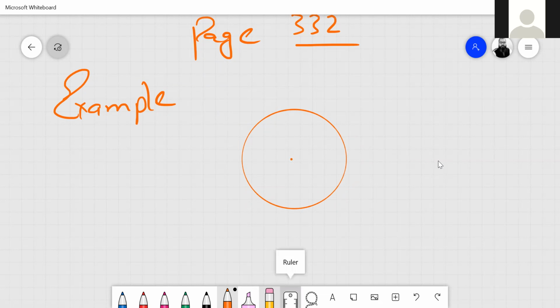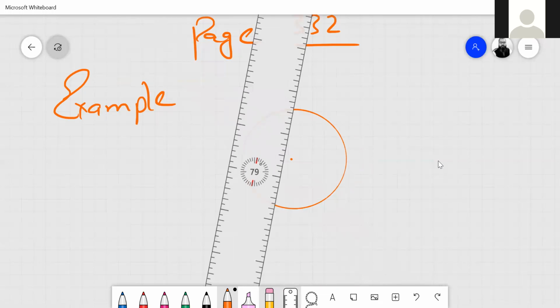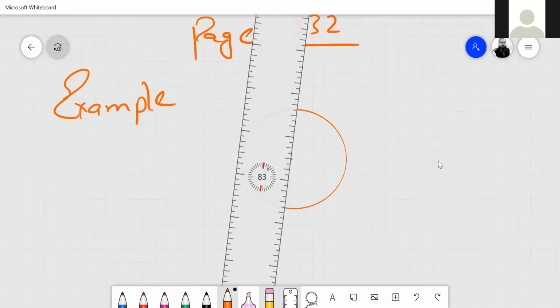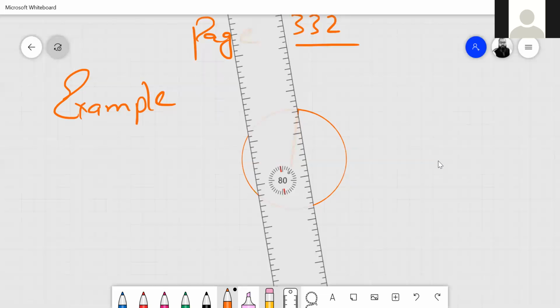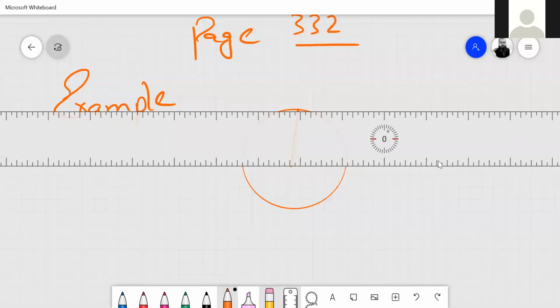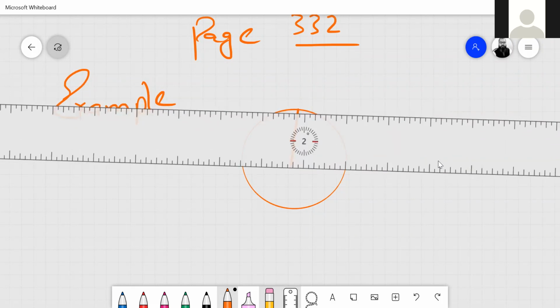From this center, this is A. And for example, basically we should draw the tangents first.